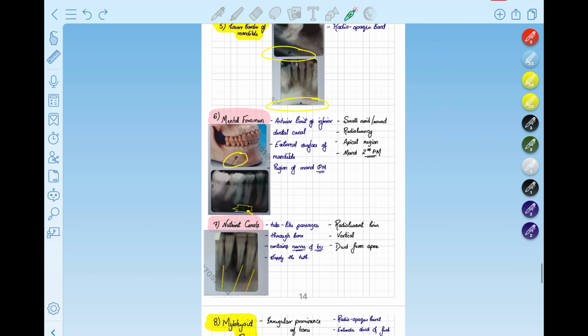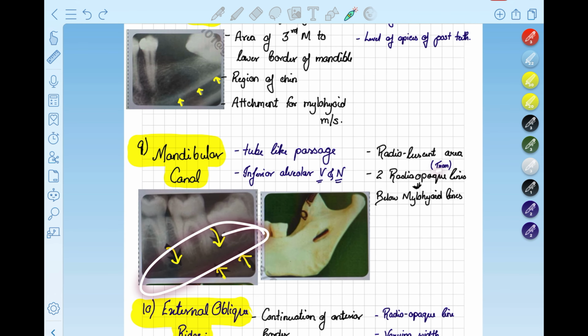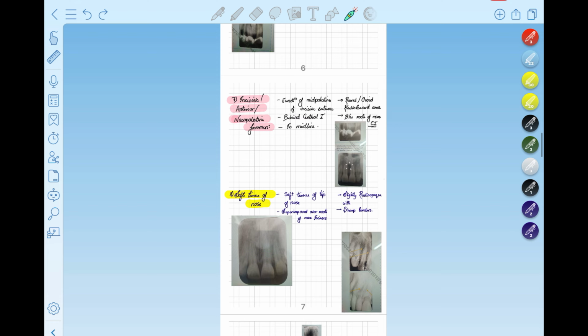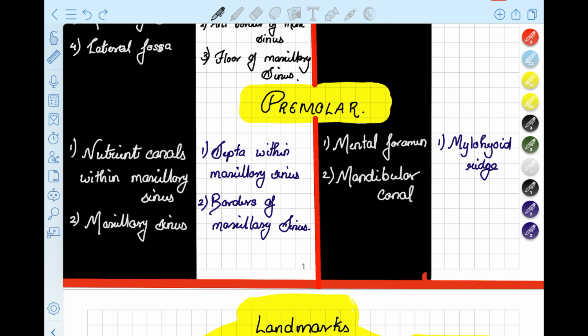As we have seen in the mandibular canal, there are two lines which appear as parallel lines, so they are known as tramlines. And what do they carry? The mandibular canal carries inferior alveolar nerves and vessels.